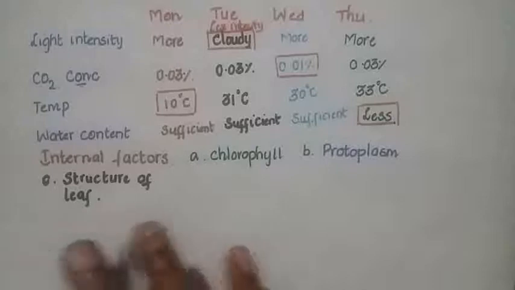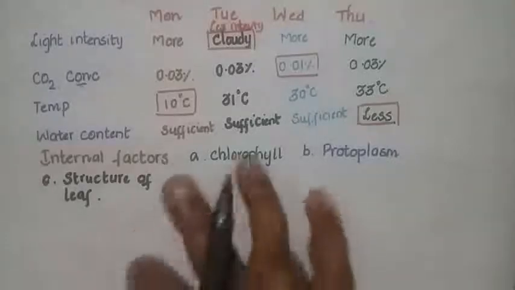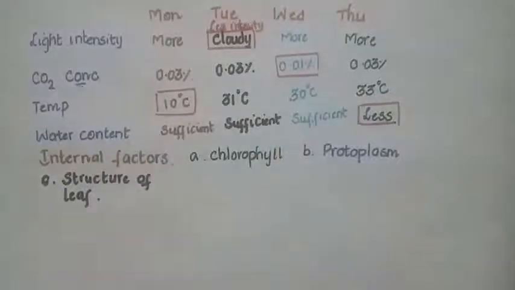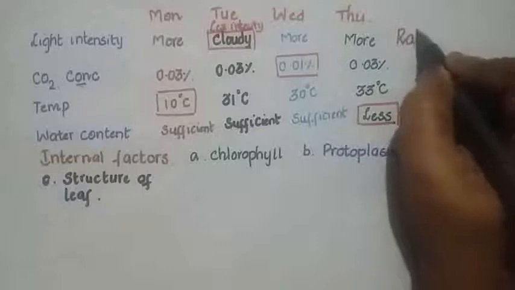So you can say that in nature you will never find all the conditions being favorable to the plants. So you will have one or the other factor which is in shortage, which is in limited supply. So you can say that the rate of photosynthesis depends on the factor which is in short supply.